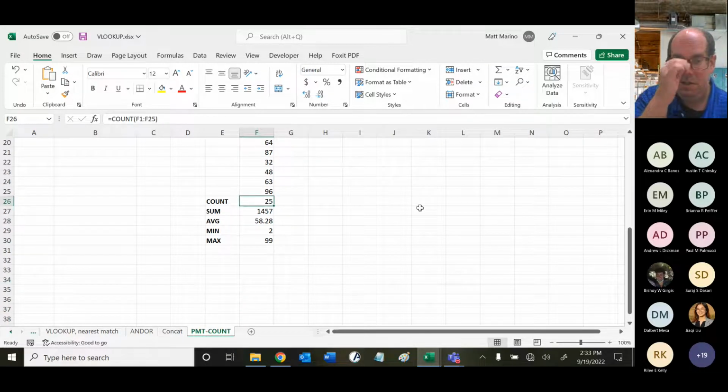But the point of it was to just show you down the bottom here how to calculate count. Sum we have already done, average we've already done, min we've already done, and max we've already done. So max just gives you the highest value, min gives you the lowest value, average gives you the average of those 25 numbers, sum gives them the total of the numbers, and count just counts the numbers that you have in them.